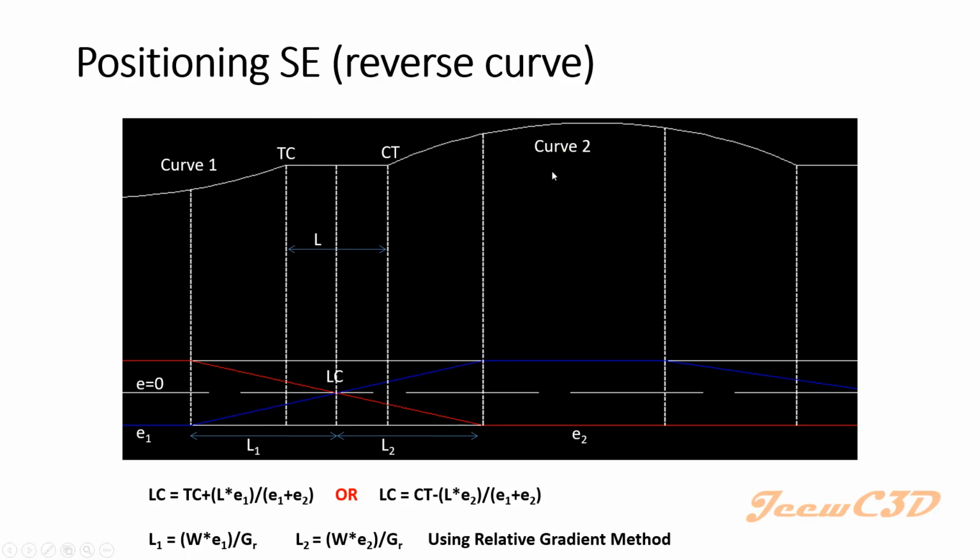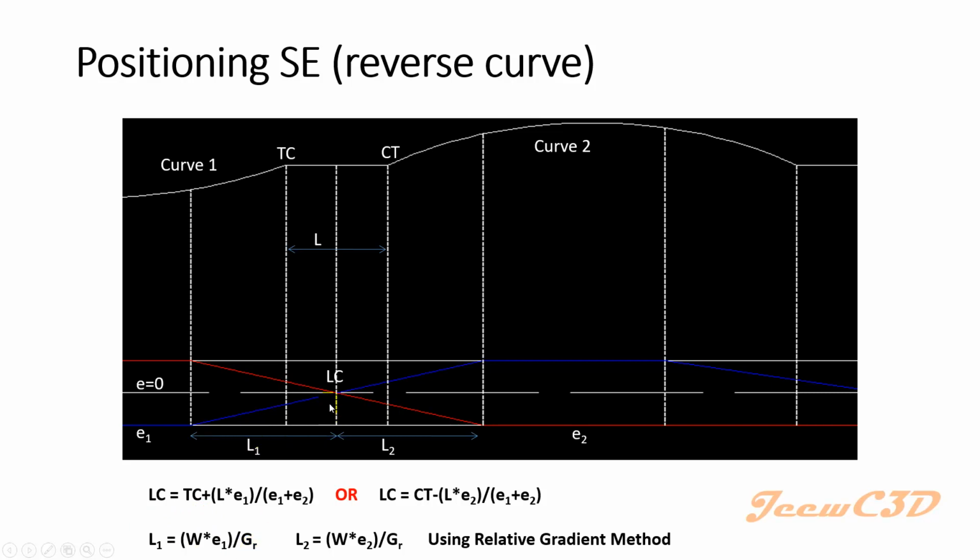This LC point would be needed to distribute the superelevation. So we will look at this LC point within the Civil 3D section, how to distribute that one. So now in this session we will find how to get this L1 length. L1 length is this one.